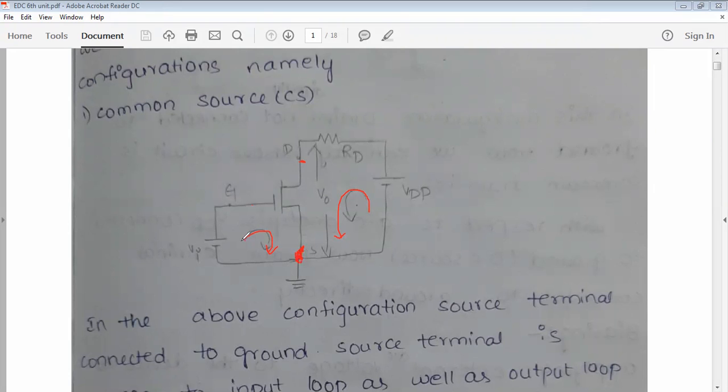So the source terminal is common to input as well as output, and this configuration is called common source configuration. The input is between gate and source, and the output is taken between drain and source.